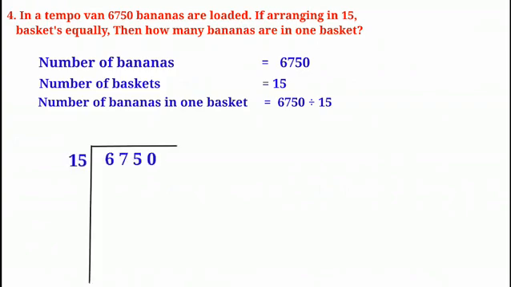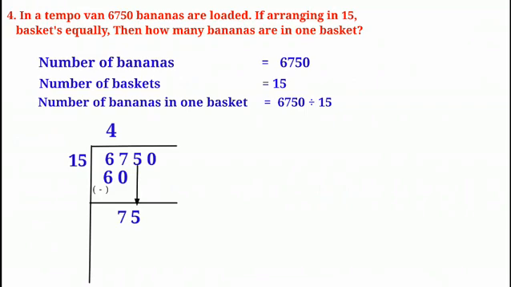Here, 6,750 divided by 15. First we take 67. How many 15s in 67? You know the 15th table. Calculate. Yes, four 15s are 60. Now we subtract 60 from 67. We get the number 7. Bring down the tens place number 5. Now we get 75.